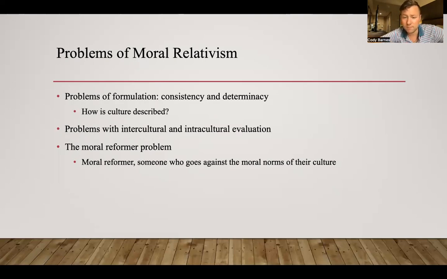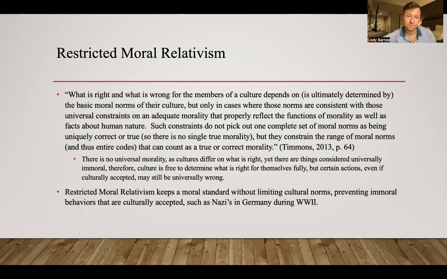A moral reformer is someone who goes against the moral norms of their culture, meaning they do not agree with what is morally considered good or morally considered bad. So, how does this fit with moral relativism if culture determines what is good or bad, but people within that culture disagree with what is good or bad? This leads us into restricted moral relativism.